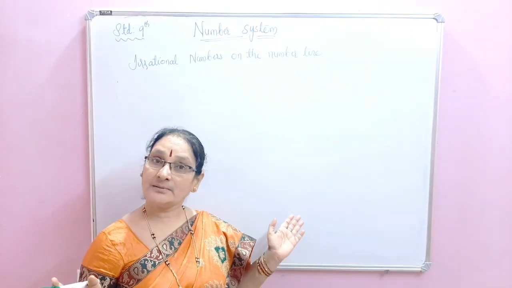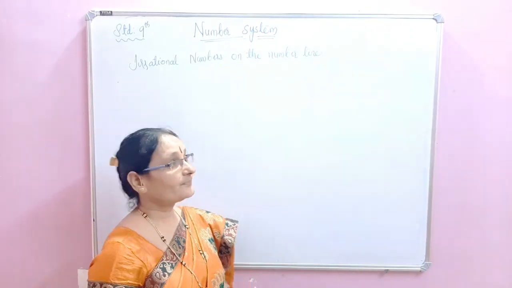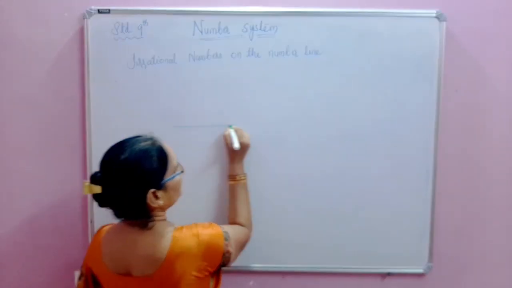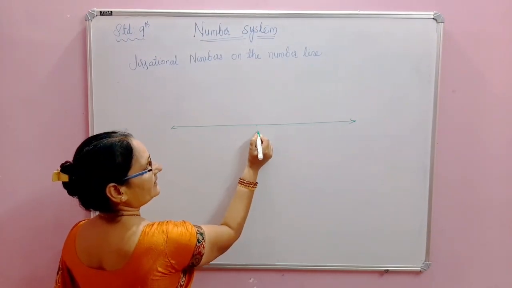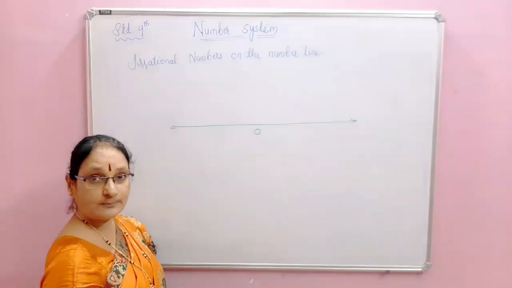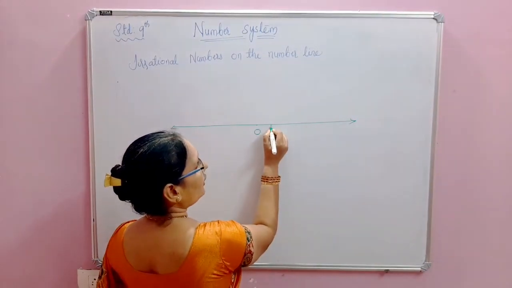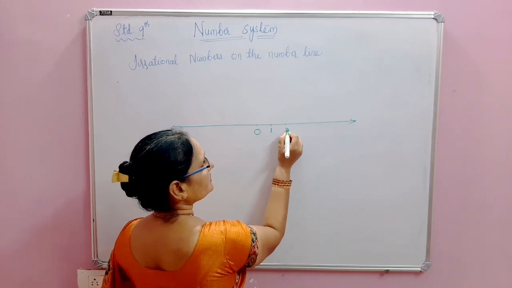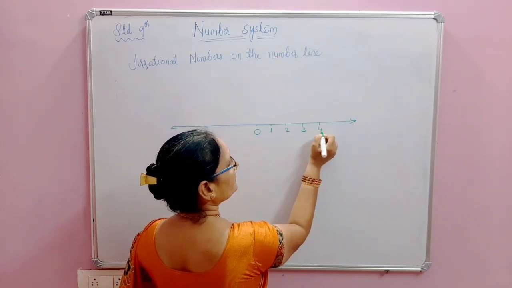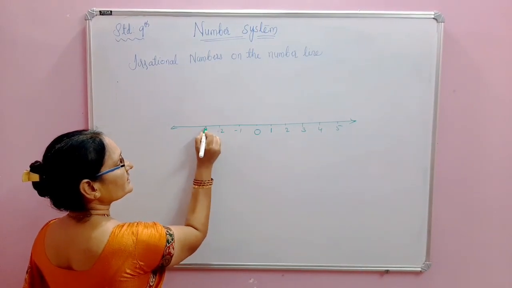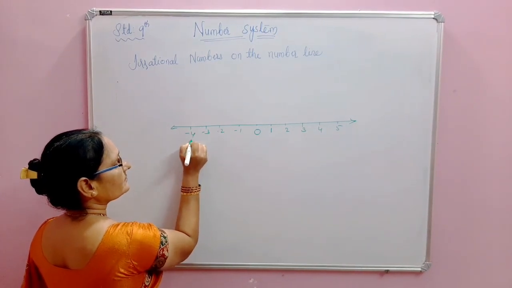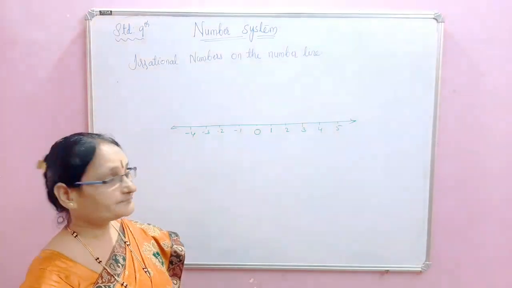Everything I explained in the previous class. Now I just want to recall that. See here, students, this is your number line. O is the originating point, and these are all positive numbers 1, 2, 3, 4, 5 and so on, and -1, -2, -3, -4 and so on.